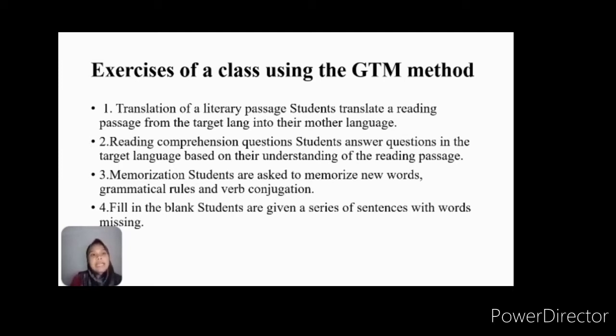Exercise of a class using in the GTM method, there are 4 aspects here. The first is translation, the second is reading comprehension questions, the third is memorizations, and the fourth is fill in the blank. Translations of a literary passage: students translate a reading passage from the target language into their mother language. The second, reading comprehension questions.